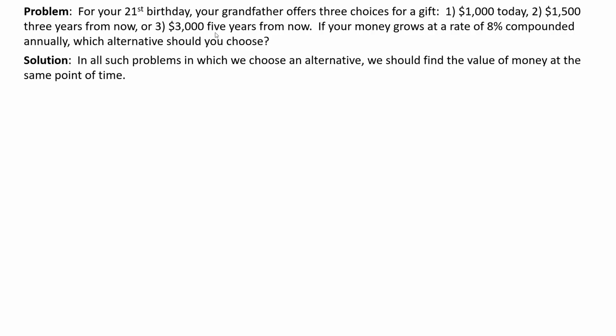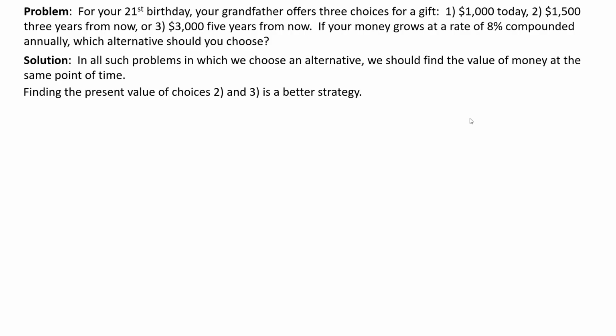We can project everything to 5 years from now, but that's going to be a little pain. A better approach in this particular problem would be to take everything to the present value. So finding the present value of choices 2 and 3 is a better strategy.